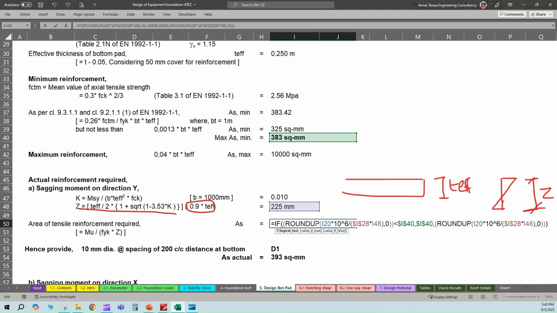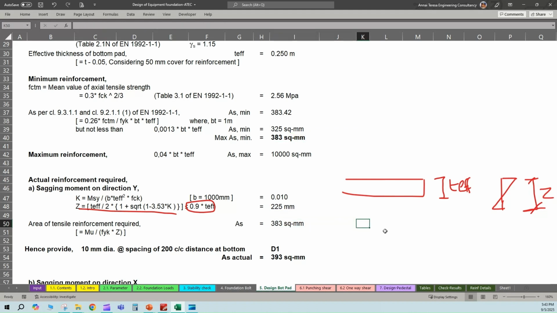If you want to know the value without considering the minimum reinforcement, it comes to only 56 square mm, which is very little for the moment. So we can consider the minimum reinforcement of 383 square mm.